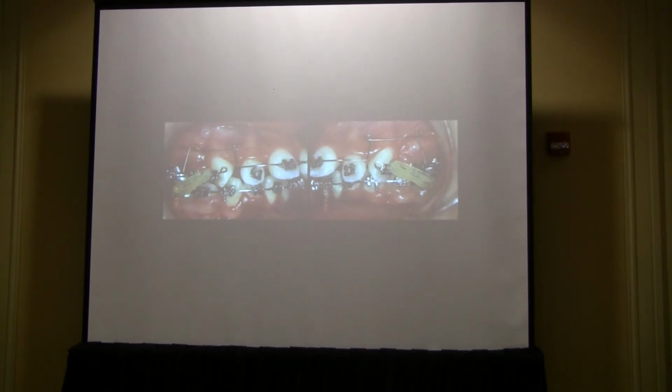And here with the upper retraction utility arch at the beginning, only for the central incisors with different heights to improve the vertical control.